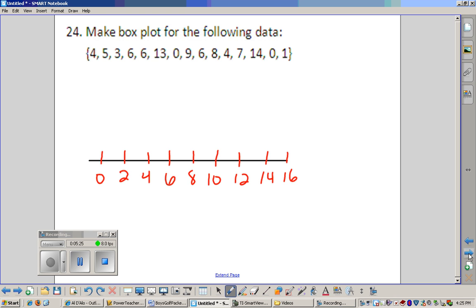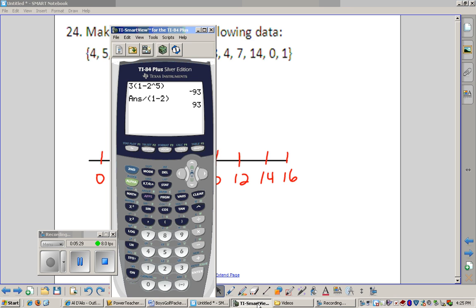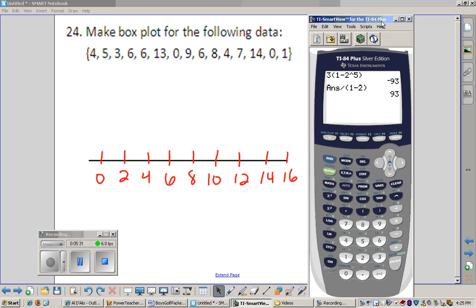Number 24 wants us to make a box plot. To do that, we're going to mostly just use our calculator. You need a number line on your paper, but on your calculator, turn it on, hit the stat button, and hit edit, enter. Under list 1, if there's a lot of old stuff, highlight the list name and hit clear, down.